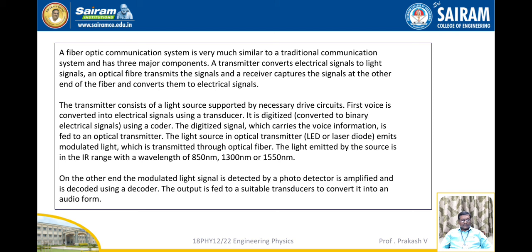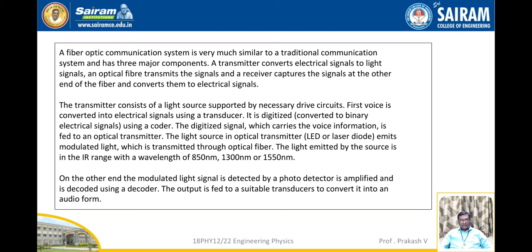The transmitter consists of a light source supported by necessary drive circuits. First, voice is converted into an electrical signal using a transducer. It is digitized using a coder. The digitized signal, which carries the voice information, is fed to an optical transmitter.